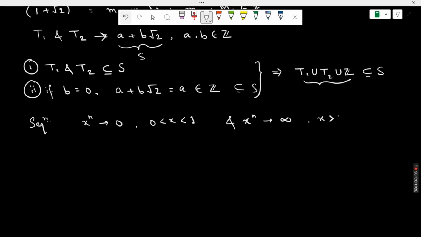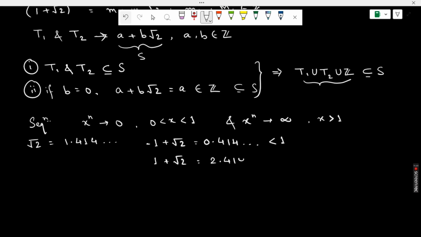Now here root 2 is equal to 1.414 something. So minus 1 plus root 2 is equal to 0.414 and so on, which is less than 1, and 1 plus root 2 is equal to 2.414 and so on, which is greater than 1.